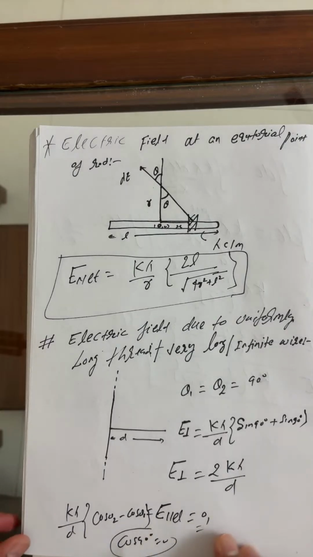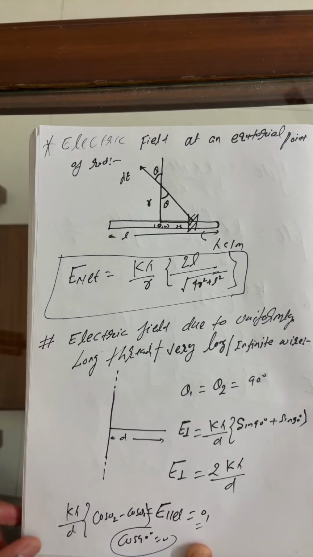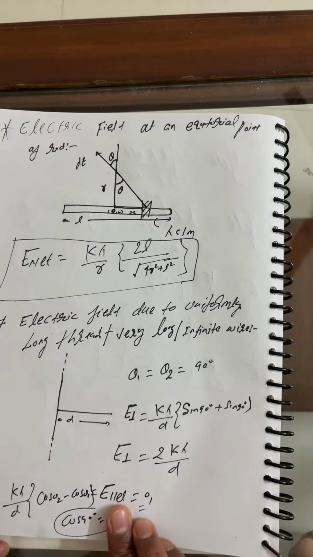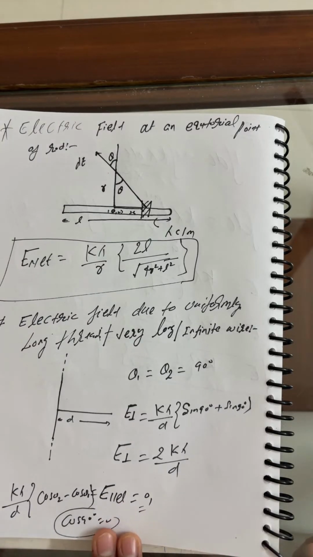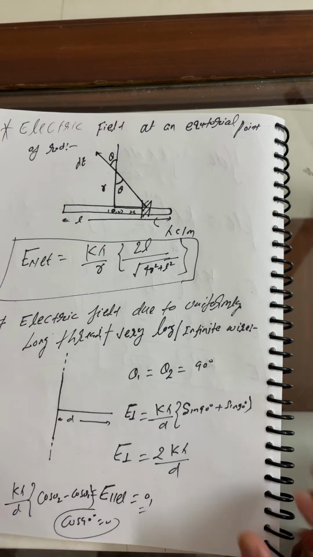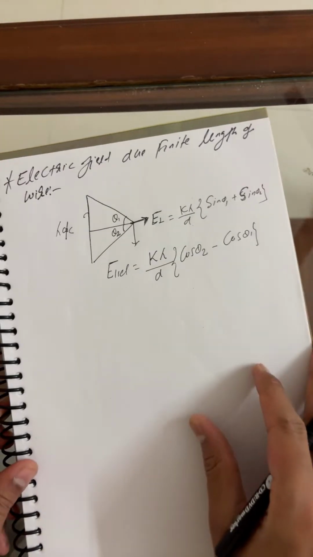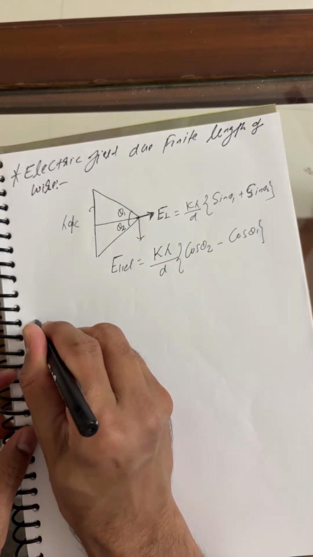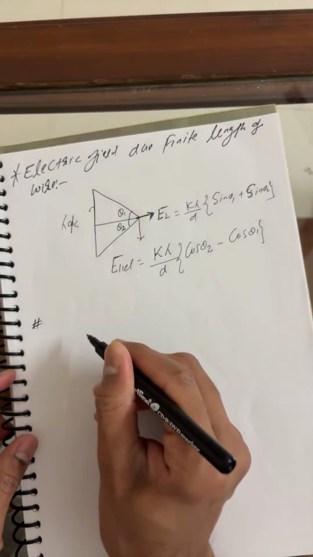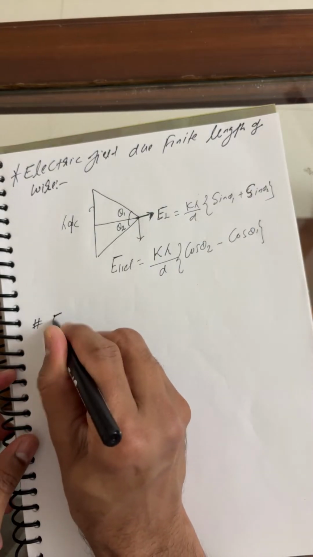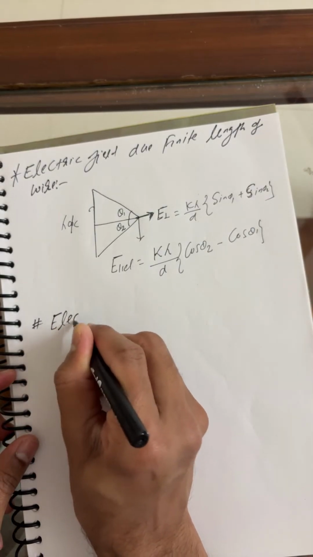Due to this, the E parallel electric field is zero for an infinite wire. But I'll look at another case next, my dear.